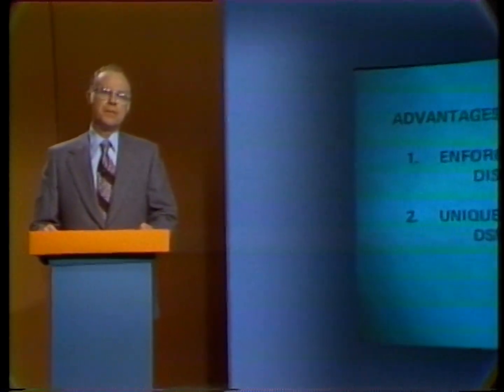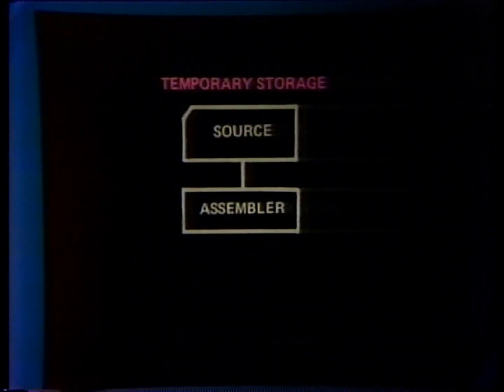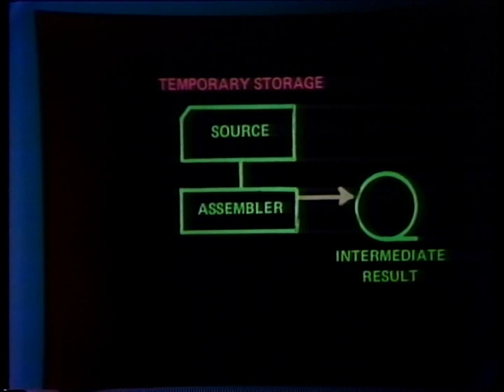Now to describe how temporary data sets may be used for temporary storage. But first, what is temporary storage? Here is an example. In processing source language statements, the assembler writes out a symbol table and other intermediate results to a data set on tape, or it can be disk, for the purpose of temporary storage.